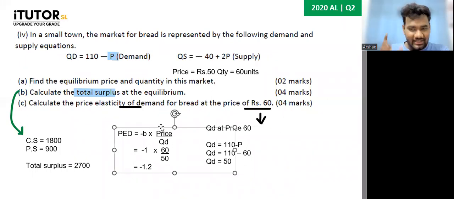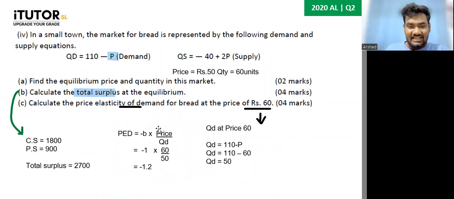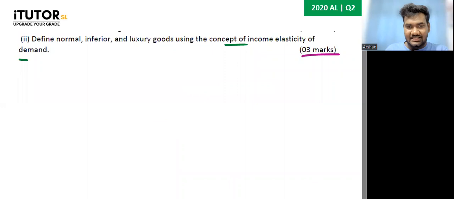When you're interpreting, think less than 1 inelastic, 1 unitary, more than 1 elastic. So this is 1.2. For all those who told me inelastic, be careful. Is that okay, guys? I think a question like this for 10 marks is like 3 marks for you in the paper. Very easy question.